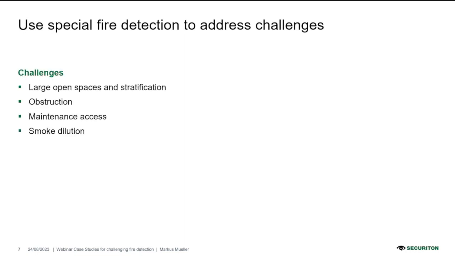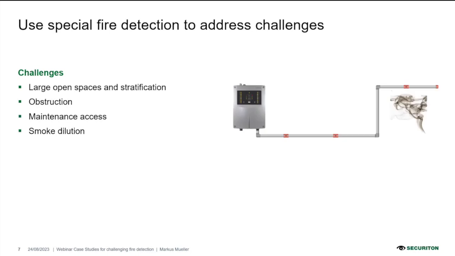Challenges like large open spaces and stratification, or obstruction, if you need access for maintenance, or if you have a high airflow in the area you monitor, smoke dilutes. In cases like this, you would opt for special fire detection based on aspirating smoke detection.